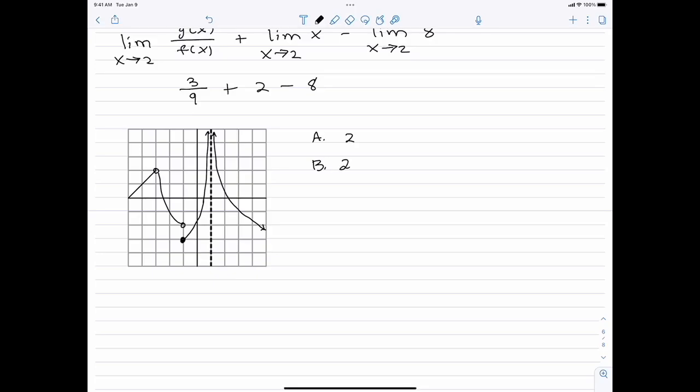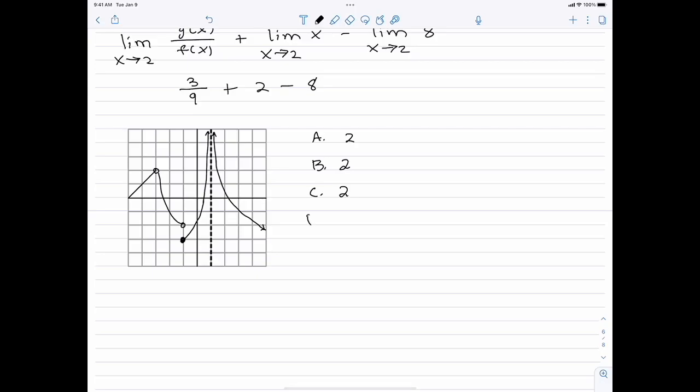Then C asks, what is the limit as x approaches -3? Well, left-hand side equals right-hand side, right? They're both equal to 2. Therefore, the limit is 2. Now, the next question is, is this function continuous at x equals, what was it? -3.